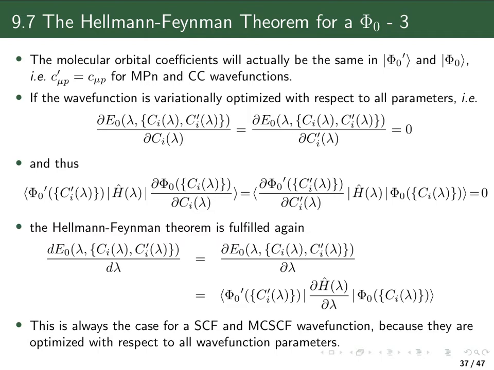Now, the molecular orbital coefficients will be the same in both the bra and the ket wave function. Although in Møller-Plesset perturbation theory and in coupled cluster the wave function is different, the molecular orbitals will be the same. Now, let's look at variational methods, where the wave function is variationally optimized with respect to all parameters. Then the derivative of the energy with respect to the coefficients is 0.